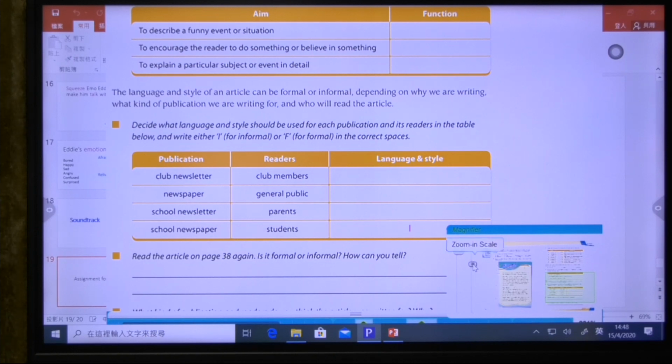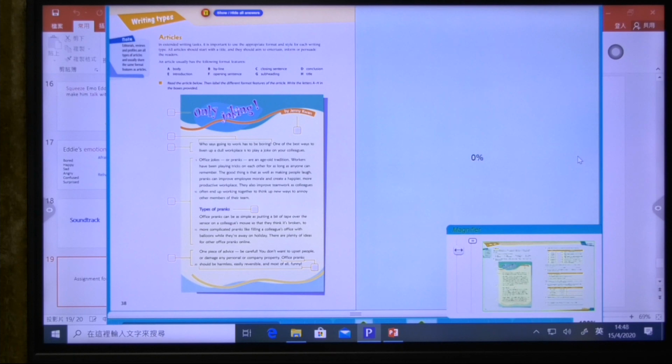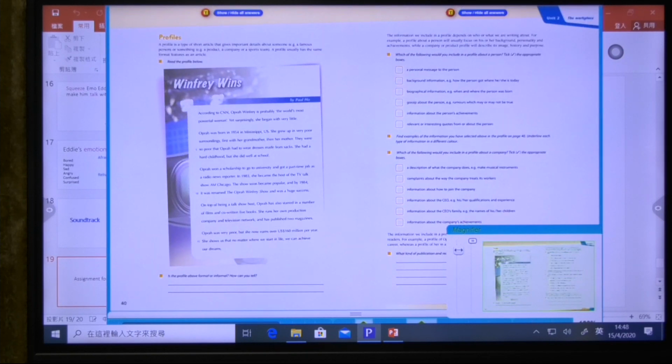And then for the day after tomorrow, that is on Friday, it will be this one.